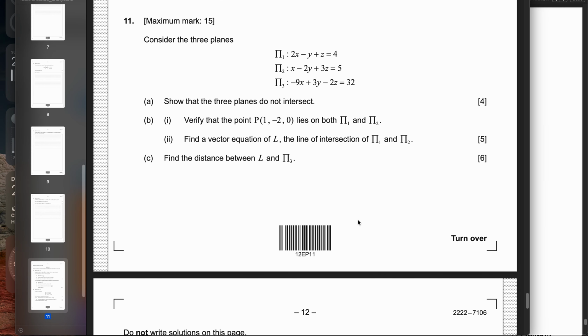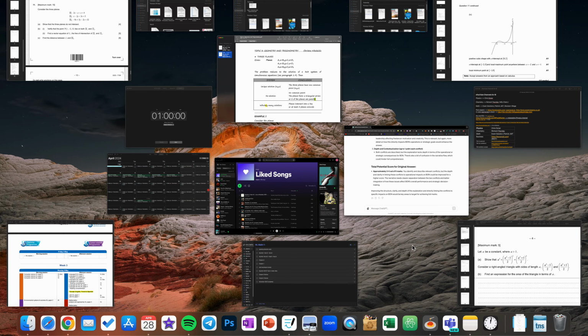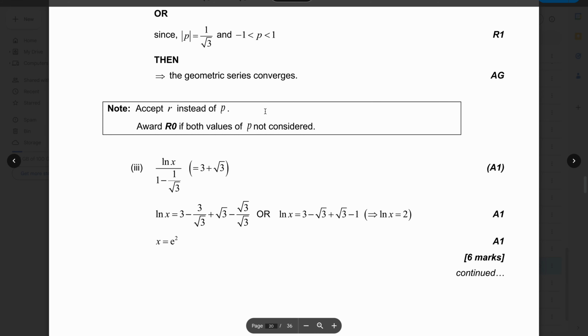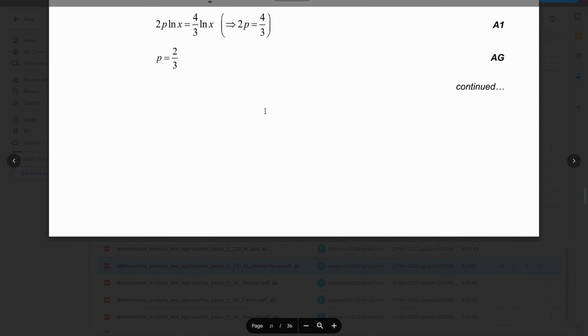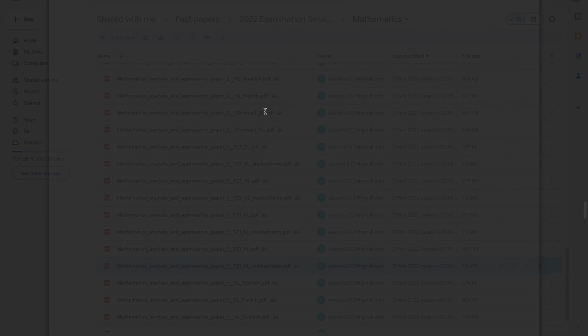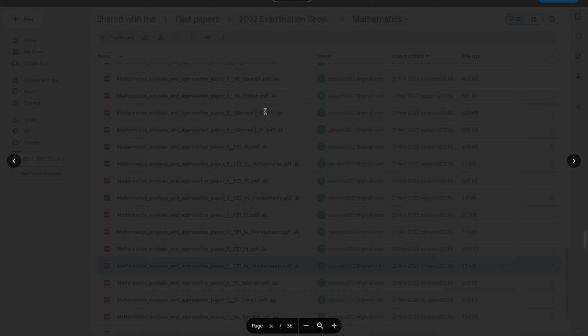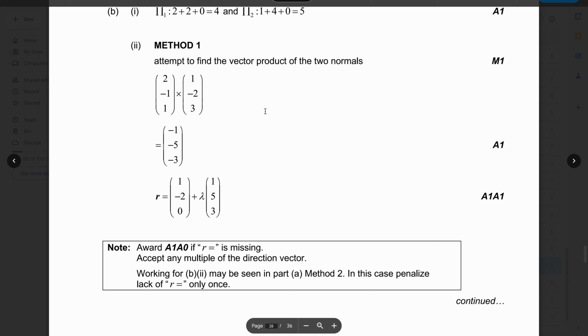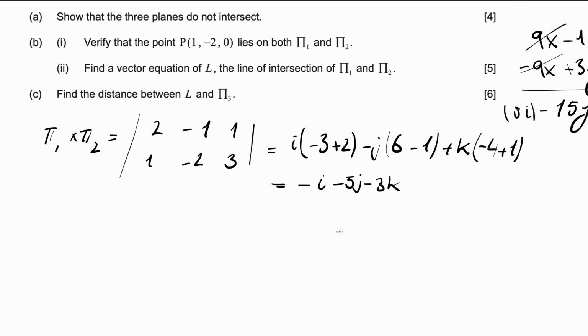Let me quickly check if this is right. I think it is, but just for the sake of time. Yeah, so the direction vector of line L will be (1, 5, 3).